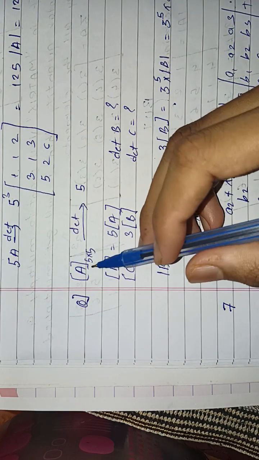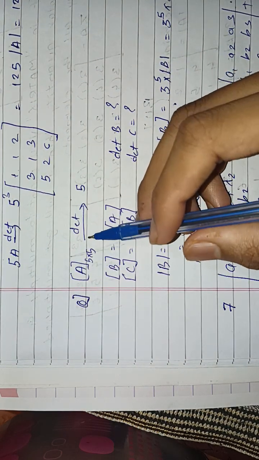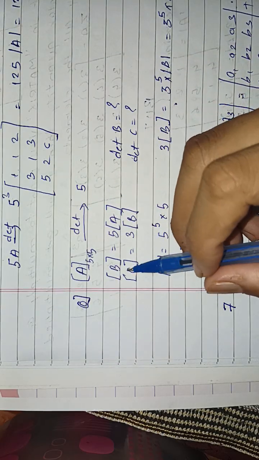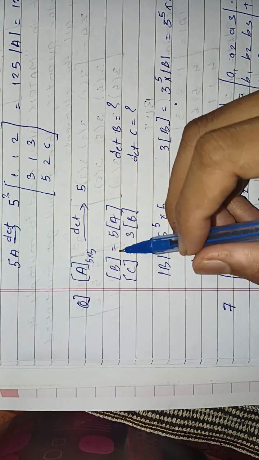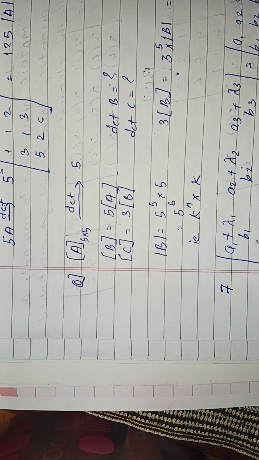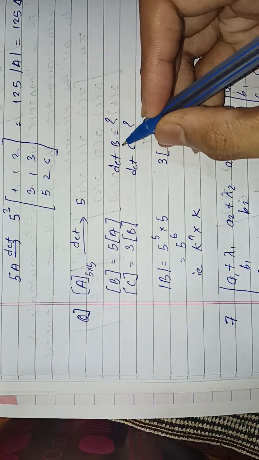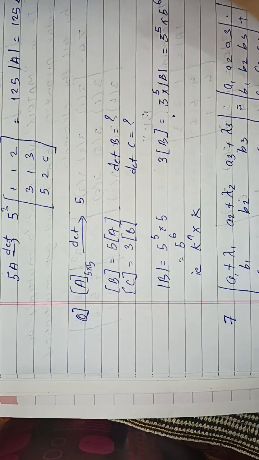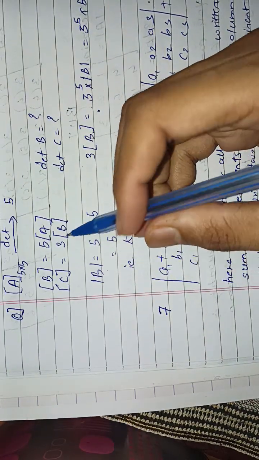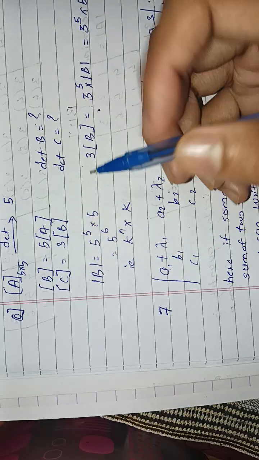So here there is a matrix A 5 cross 5 and it's saying the determinant is 5. And they have given a matrix B is equal to 5 into A, matrix C is equal to 3 into matrix B. They are saying calculate the determinant of B and determinant of C. So determinant of B is 5A.